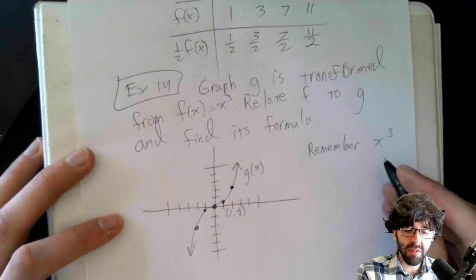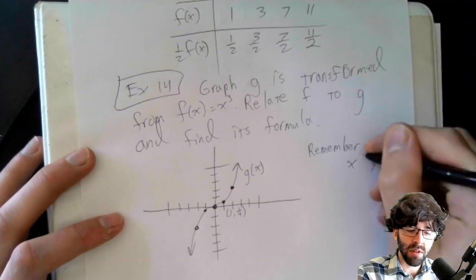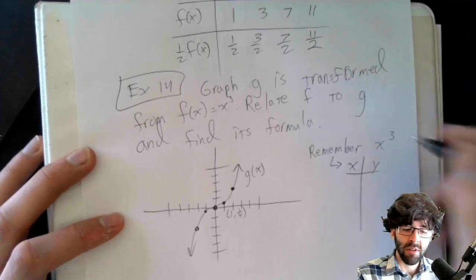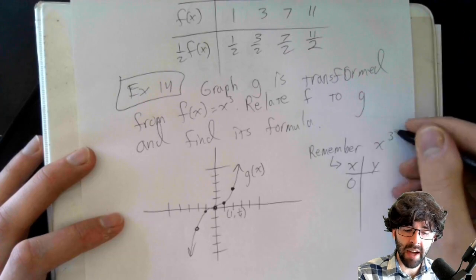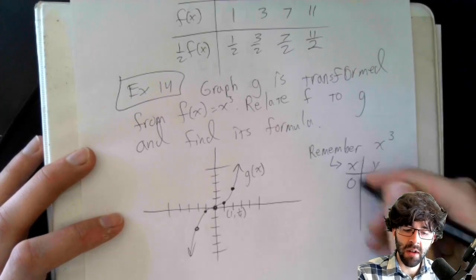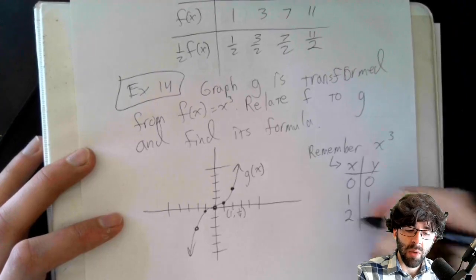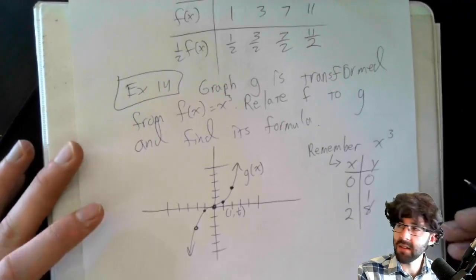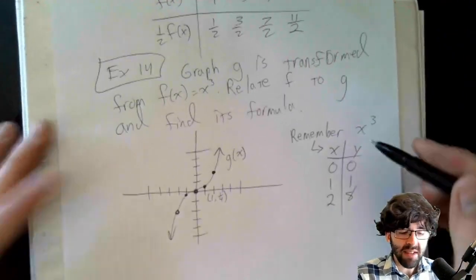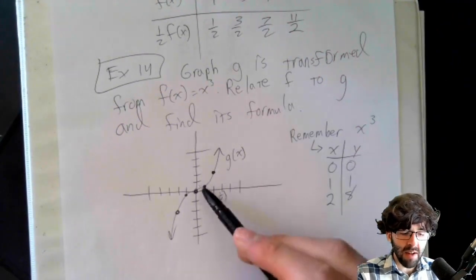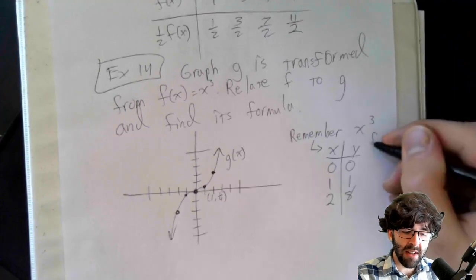Let's make a table of some x's and y's of x cubed. For example, when x is 0, x cubed is 0. When x is 1, 1 cubed is 1. When x is 2, 2 cubed is 8. And we have to see what's happening that this is our graph instead of this. Something has changed with g, right? This is f over here.